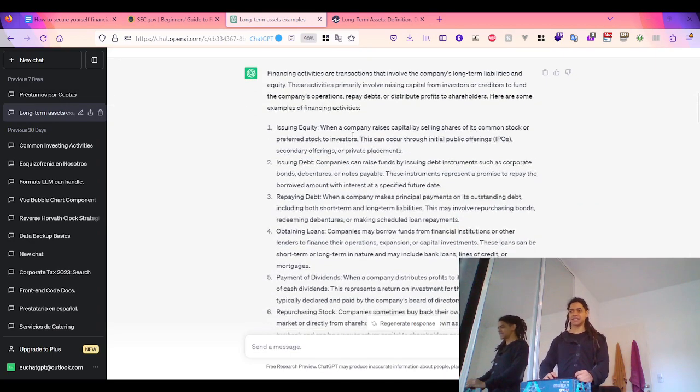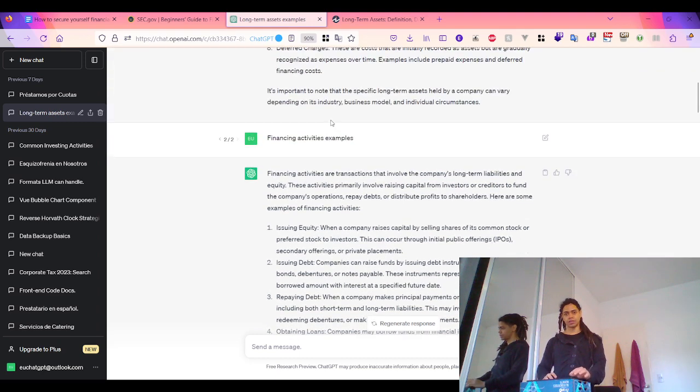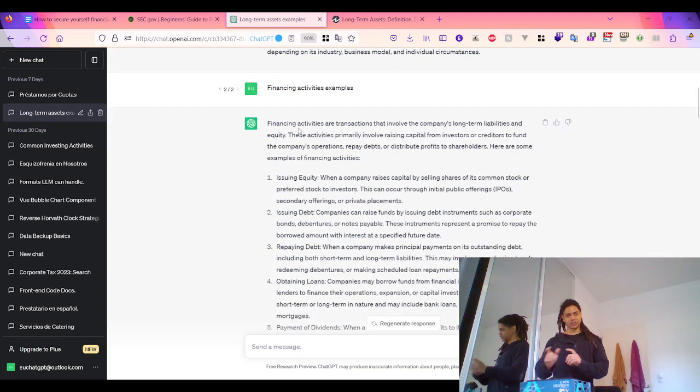Financing activities are transactions that involve the company's long-term liabilities and ownership equity.